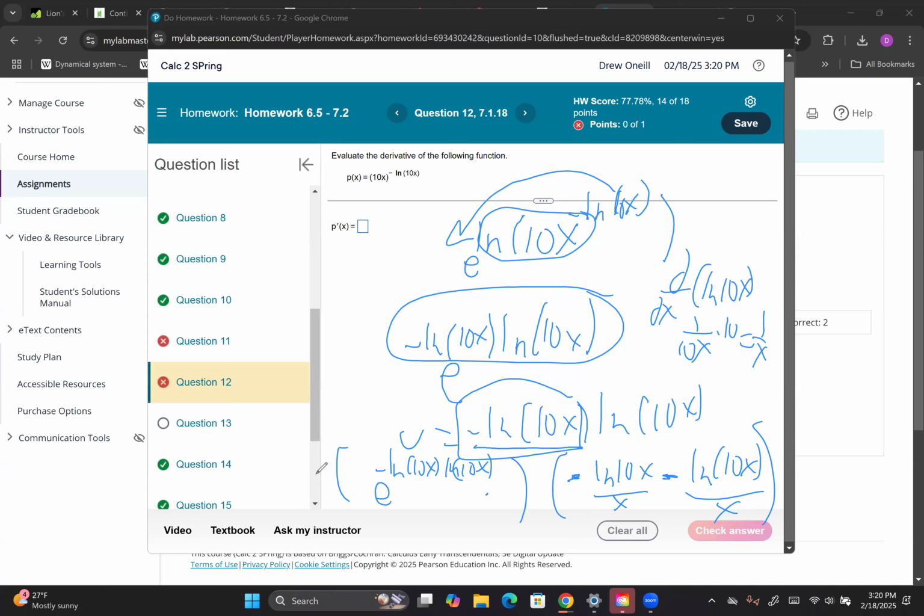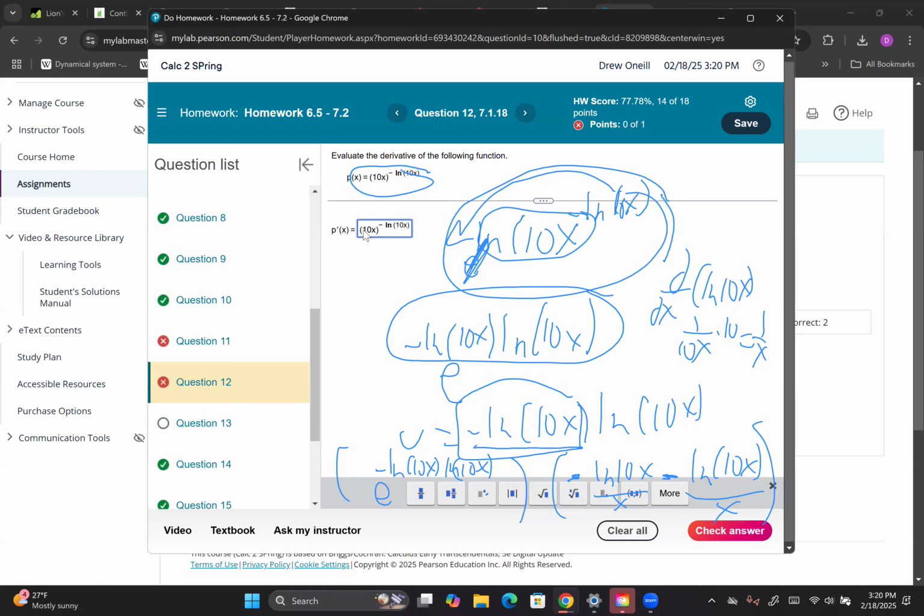Well, let's look at this one. So this is the same thing as this. These e's cancel, this e and ln cancel. So we really have 10x to the negative ln 10x, which is the original thing. So we really have that times du. Okay, so let's just write that. So we have that 10x to the negative ln 10x, and Pearson will mark this wrong.